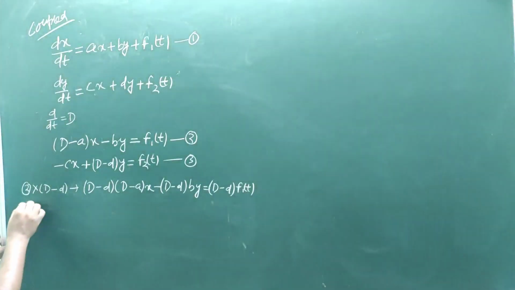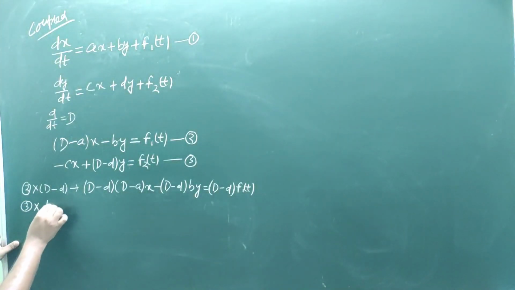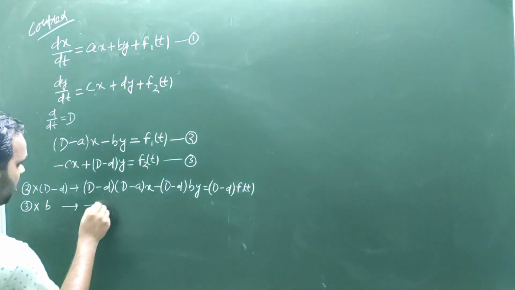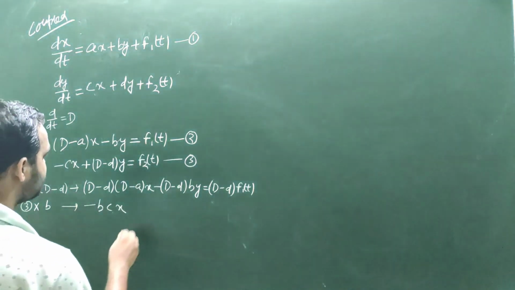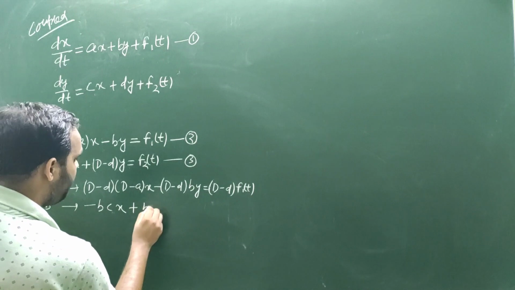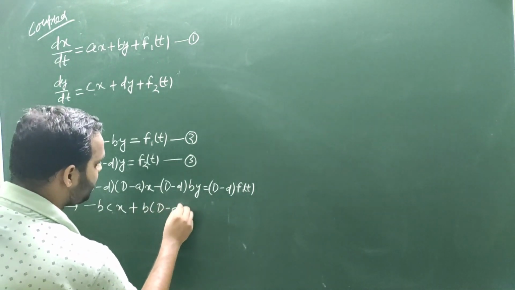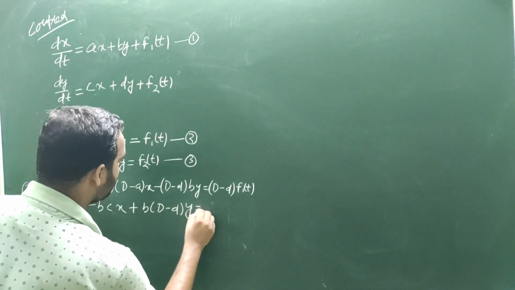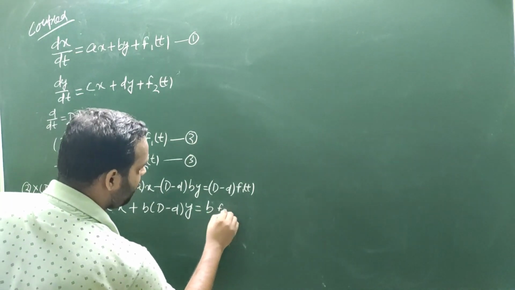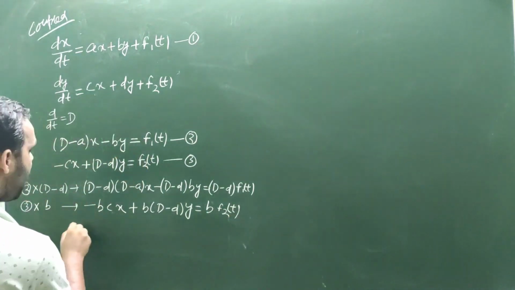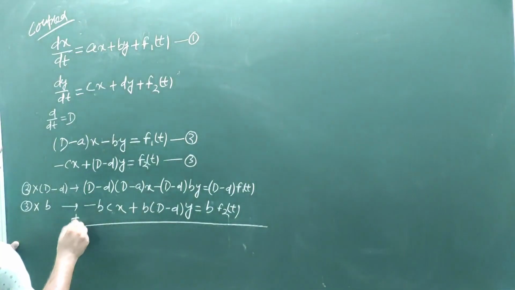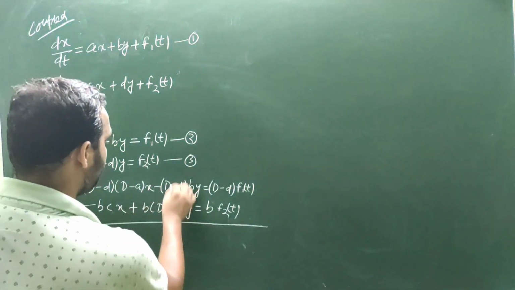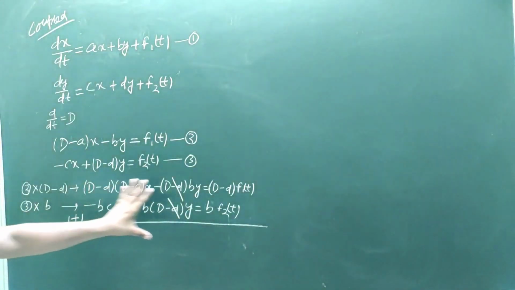Right? And if you multiply b in equation 3, this will give you minus bcx plus b into capital D minus small d into y is equal to b f2 of t. Now add both the equations. If we add, then this part will be cancelled and only this term will be there.